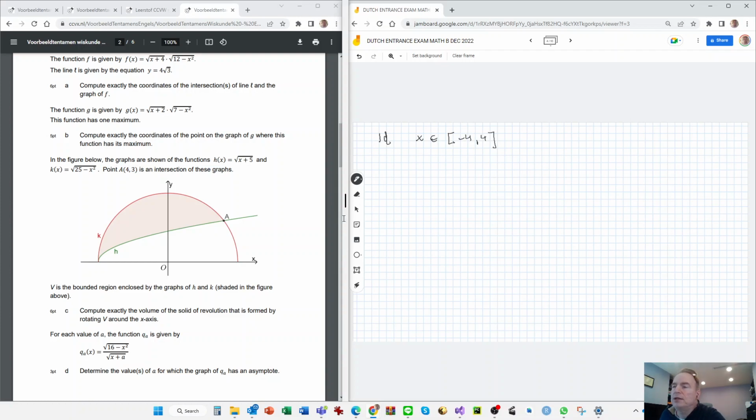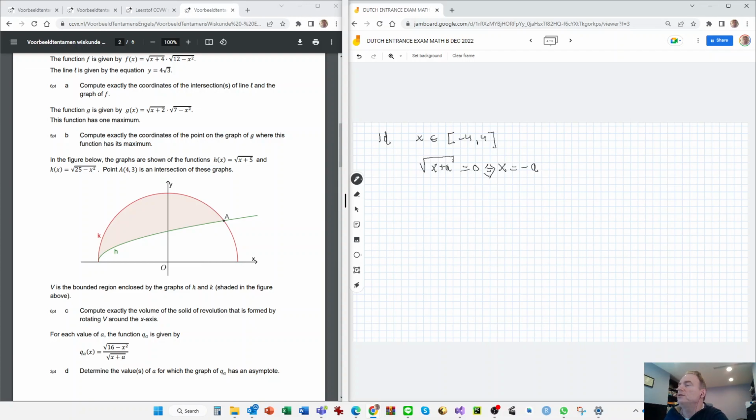So what could happen is this denominator can get 0. So when does that happen? Well, this has to be 0. So x has to be equal to minus a, and vice versa.